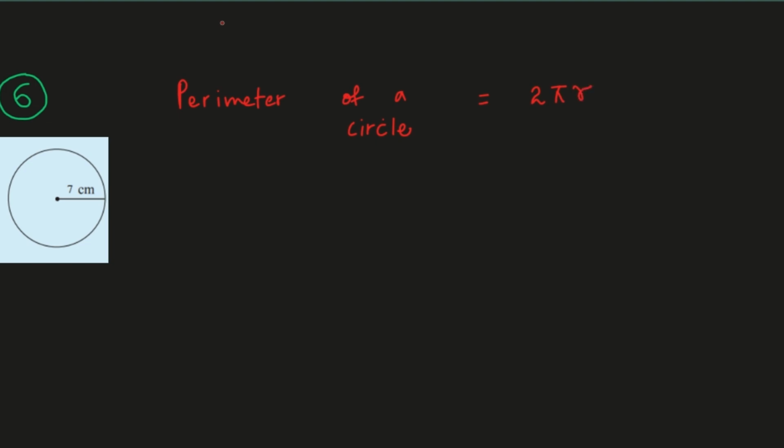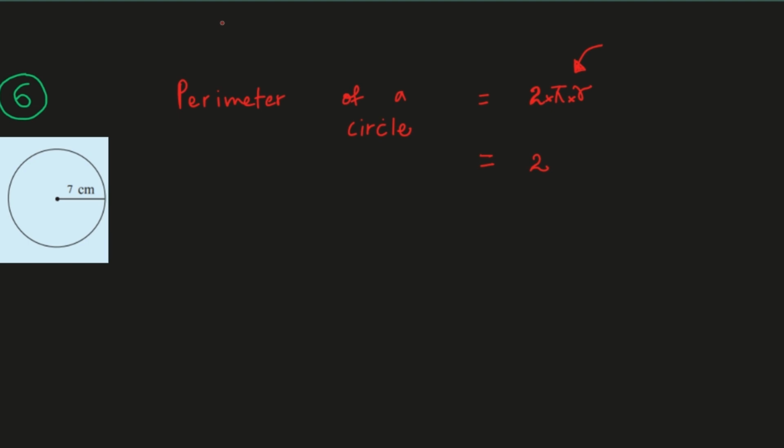The perimeter of a circle can be taken by this expression, which is 2πr. So let's substitute the values into this expression. 2 means 2. Before that we have to say that each of these values, 2, π and r, are connected with multiplication with each other.